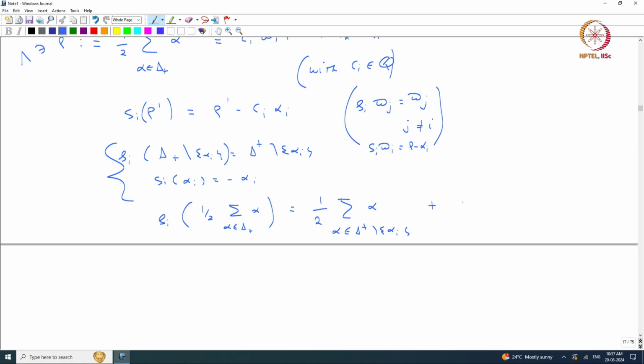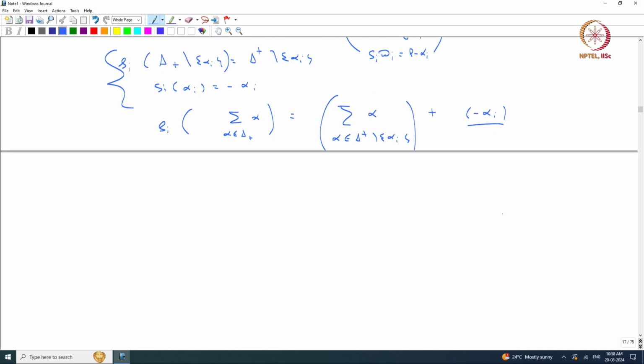Then plus you will have this alpha_i which is mapped to minus alpha_i, so half times minus alpha_i. This is what you get, because S_i of delta plus minus alpha_i maps bijectively to delta plus minus alpha_i. So, that summation will be preserved, and the only thing that is mapped, alpha_i to minus alpha_i, is written here. So, now if you use this, then what you get?